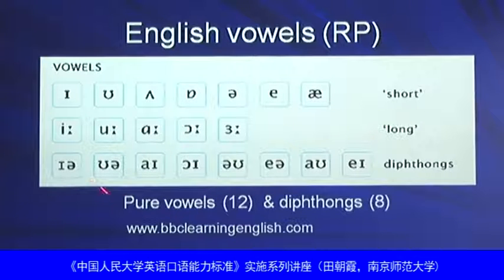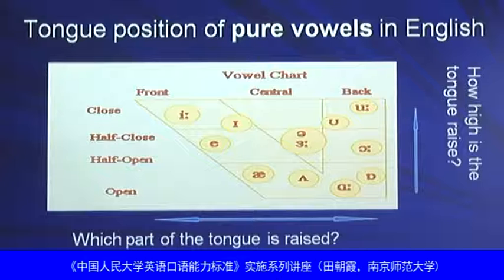And then how many do we have? We have 12 pure vowels. Short vowels and long vowels are called pure vowels. And then we have 8 diphthongs. How to pronounce them? Don't be afraid of this chart.